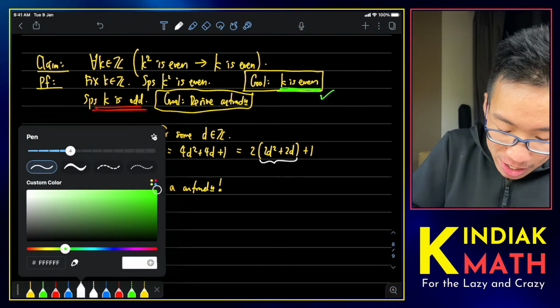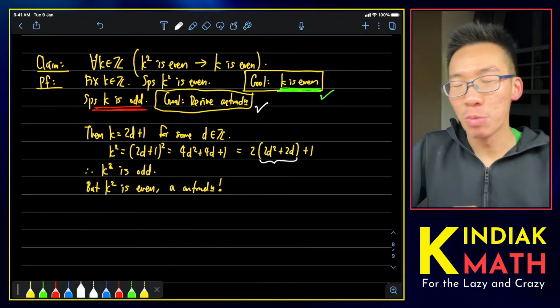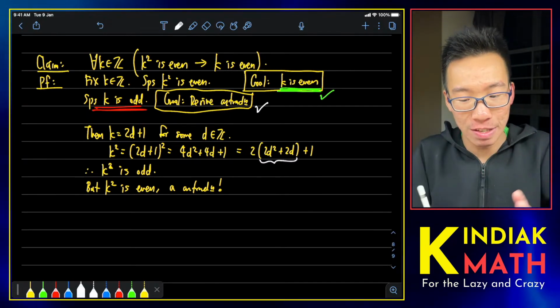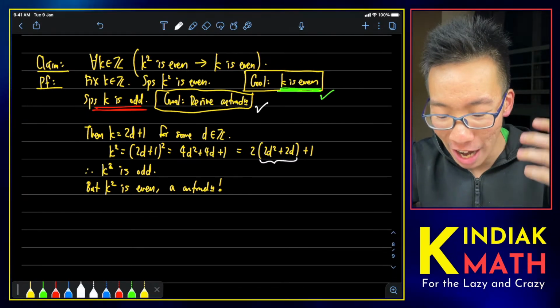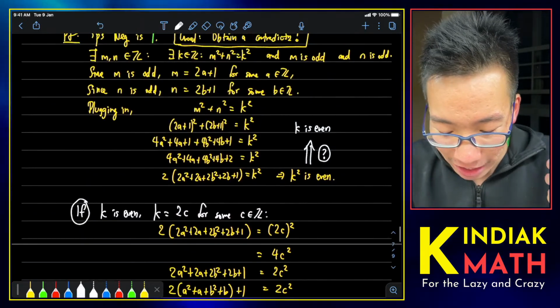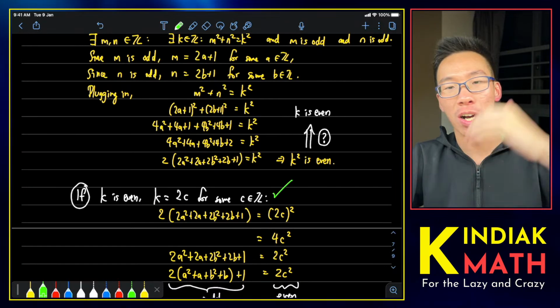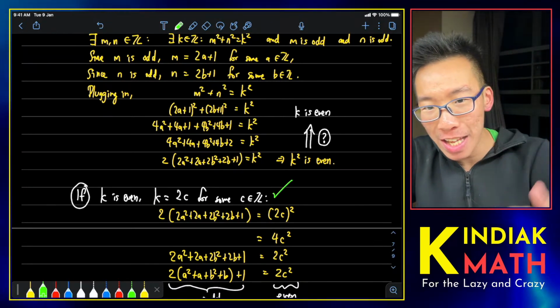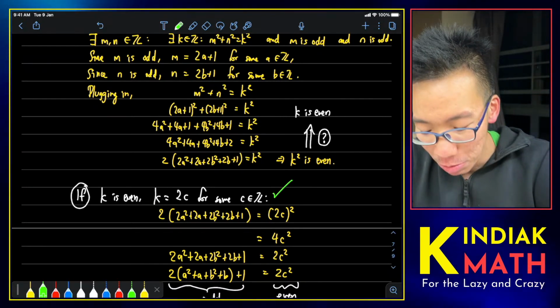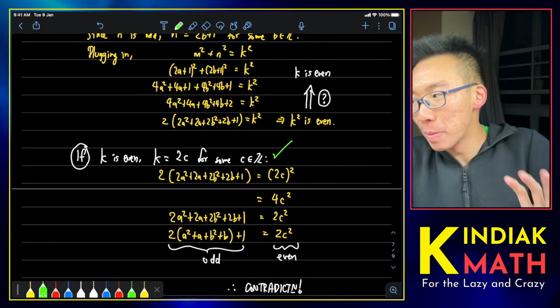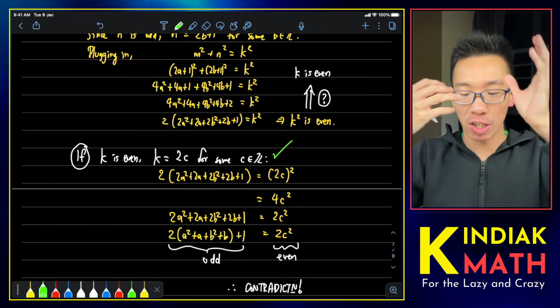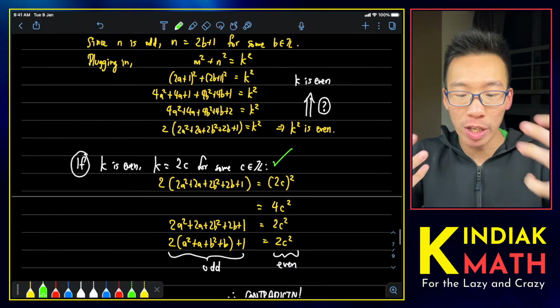And since we managed to derive our contradiction, we managed to derive that k is even. And since we managed to derive that k is even, we can apply this argument in our proof. And since we can apply this argument in our proof, we can derive an odd number being equal to an even number, which is a contradiction. Now, what did we contradict?